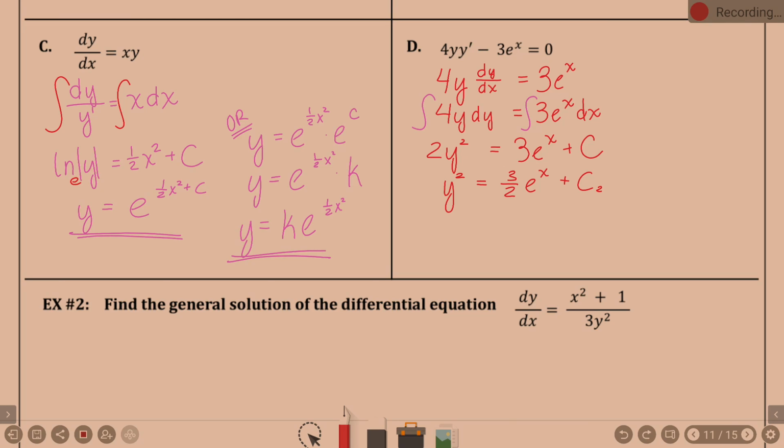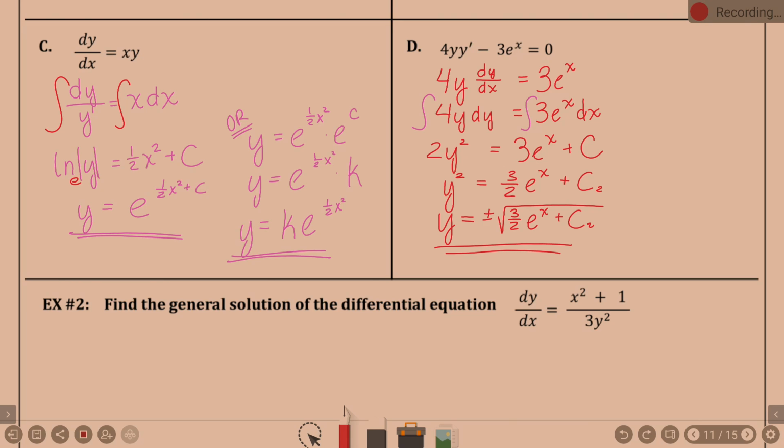Now, if we continue solving for y, y equals plus or minus the square root of 3/2 e to the x plus the c, or c2. That is one option.